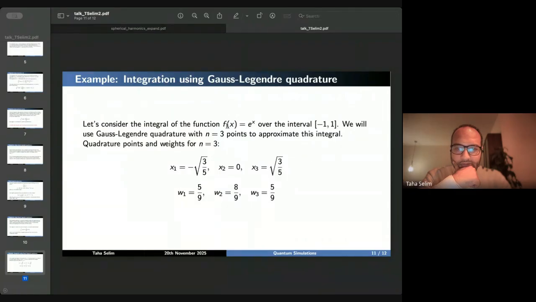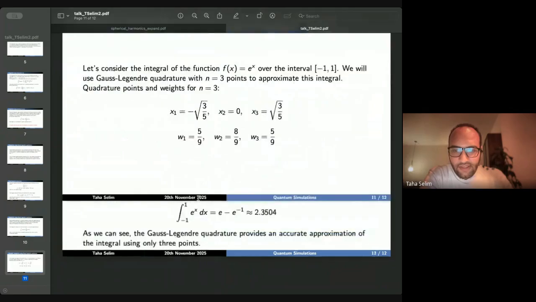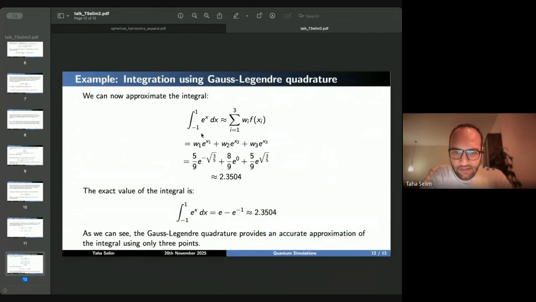I've used them to evaluate the integration of f of x equals x e to the power x over the interval from -1 to 1. Then if I do this computation, it means that I have to evaluate the integral from -1 to 1 of e to the power x dx. That will equal approximately the sum over 3 points, because I'm now evaluating over 3 points.